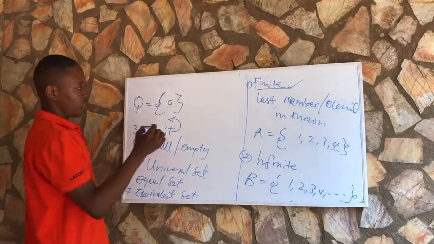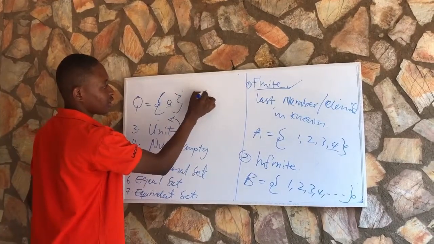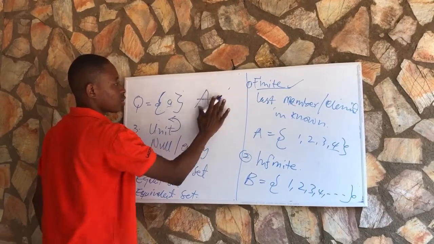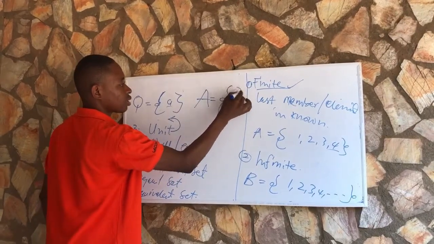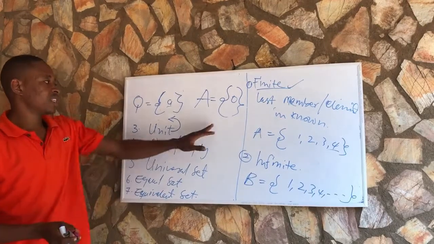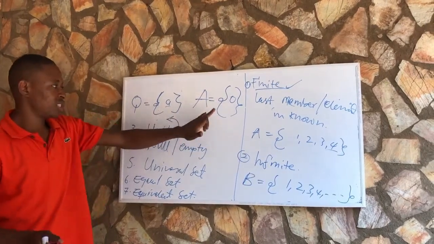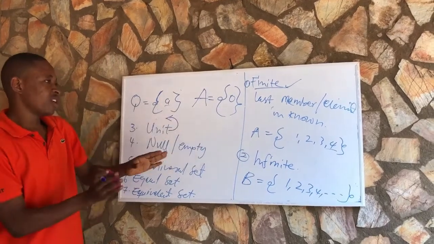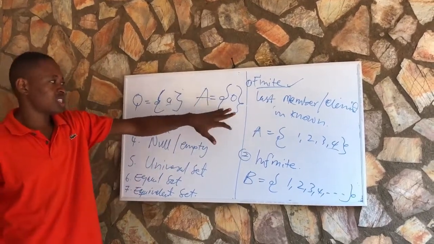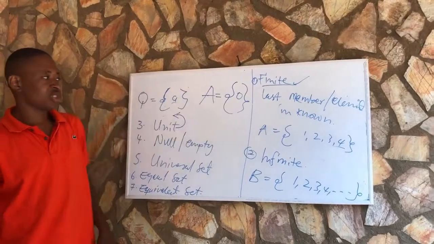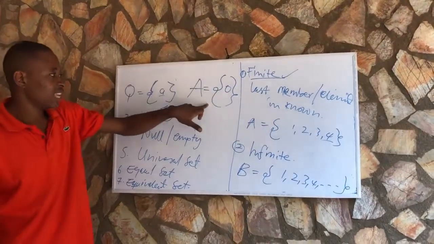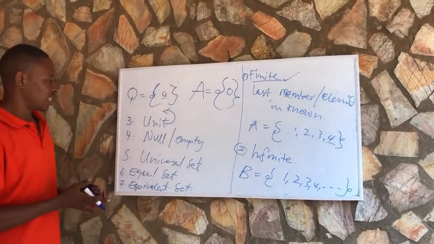Don't get confused with this. If you have a set A which is equal to 0, this is also a unit set because 0 is a number. So don't get confused because 0 is like nothing. So you say because it is 0, it's not a unit set. 0 is also a number. So in this case, set A is also a unit set.